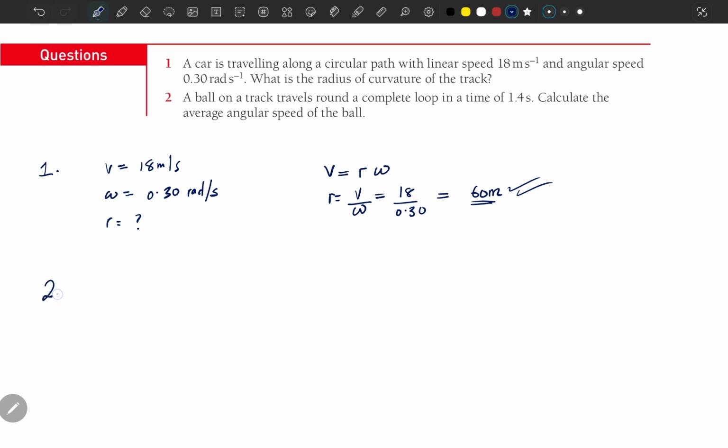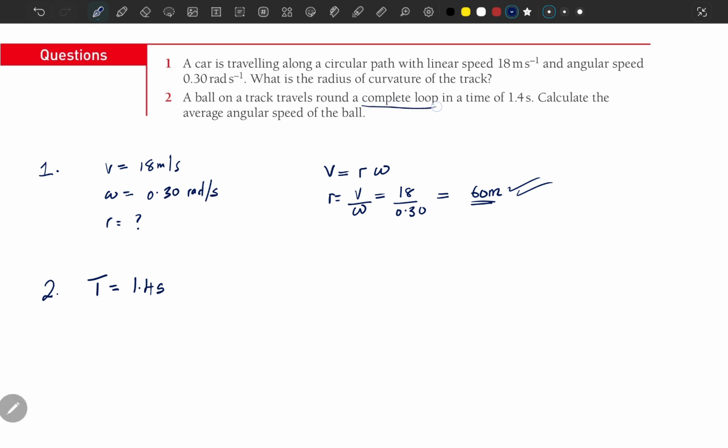Let's move on to question 2, which I already read. Alright, so what we have here, we've got time. Let's call it capital T, that is more like the period. Since it's a complete loop, it's a period, so we use capital T. What else do we have? We also have angular displacement.